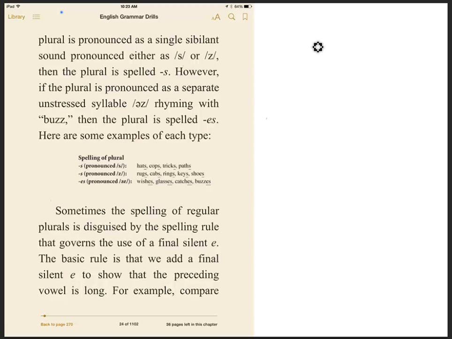There are two sounds that you hear at the end of a word when it's pluralized, and they're both spelled with a single S. Okay, the first sound you hear is S, as in S, and the second sound you hear is a Z, and you spell it with an S too.